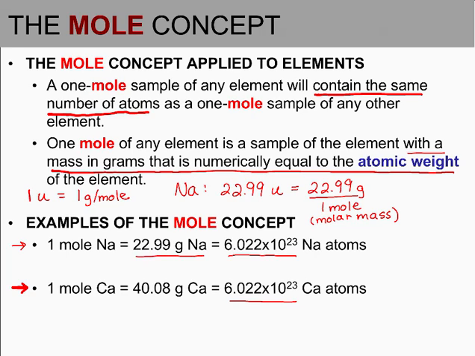Or 1 mole of sodium weighs 22.99 grams. So if we took a balance and we added 22.99 grams exactly of sodium, we would end up with 1 mole of sodium, and we would also know that we have 6.022 times 10 to the 23rd sodium atoms.